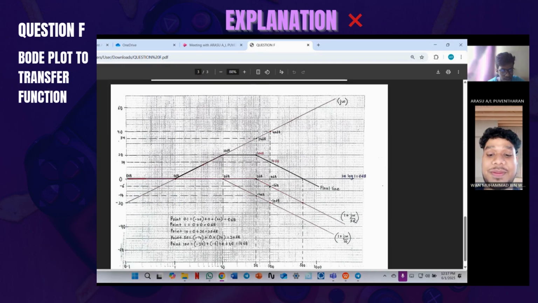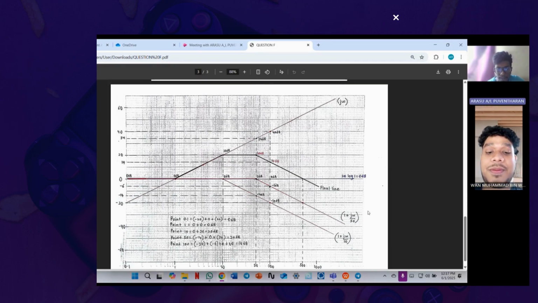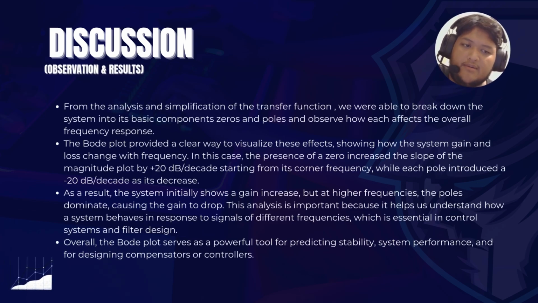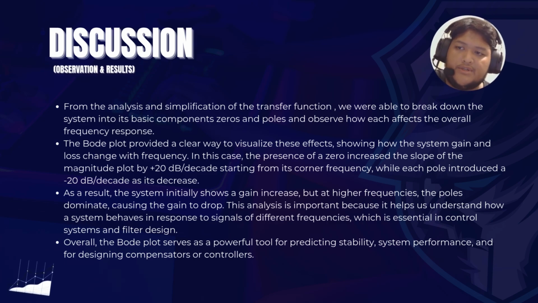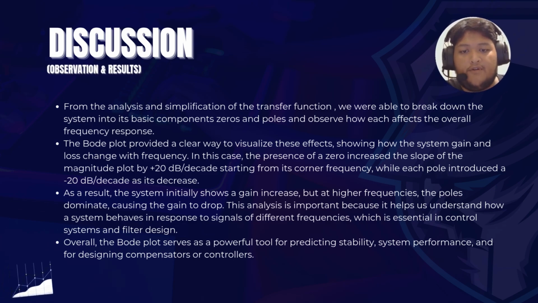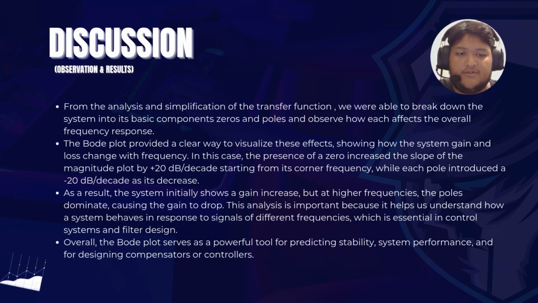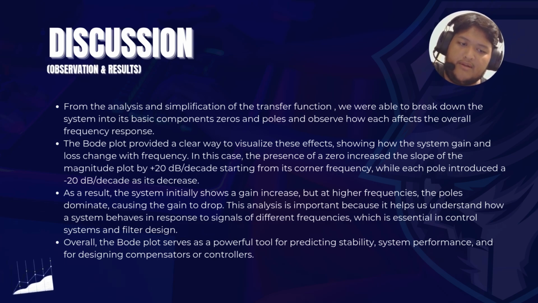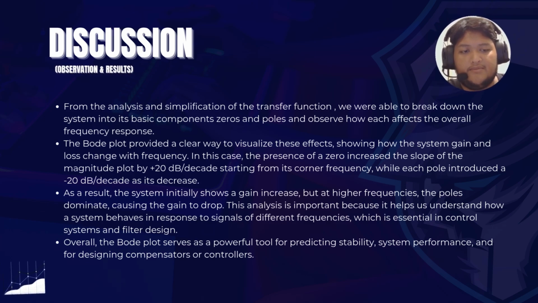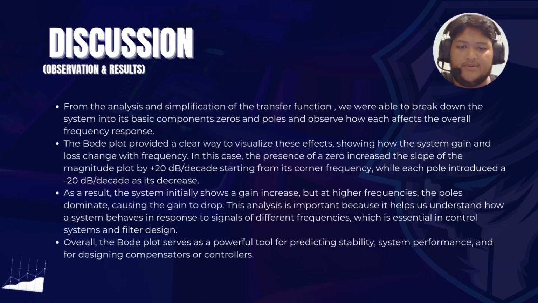Thank you. Hi, it's Mohammed Faris Fahmi again, and I will talk about the discussion part, which contains the observation and result from the assignment. From the analysis and simplification of the transfer function, we were able to break down the system into its basic components, zeros and poles, and observe how each affects the overall frequency response.